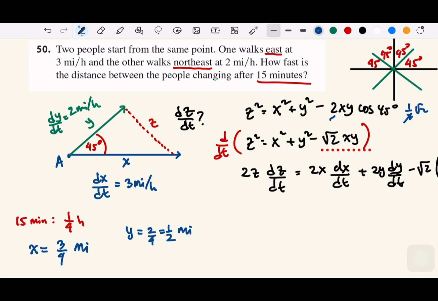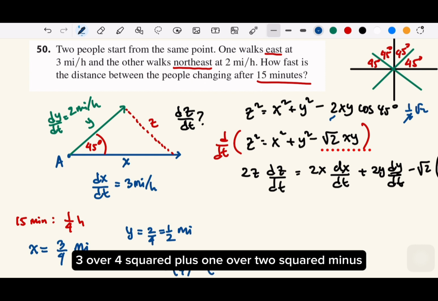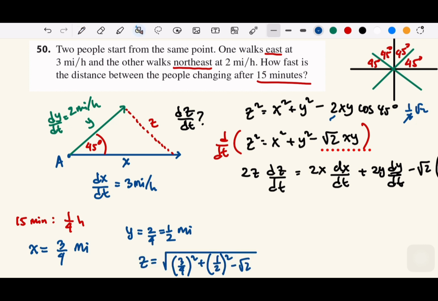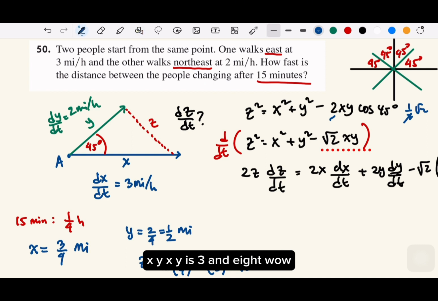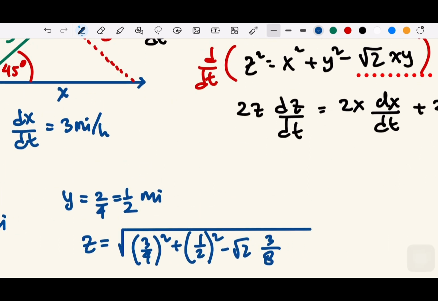Okay, I think we've done that. Next is finding z. z is the square root of 3/4 squared plus 1/2 squared minus square root of 2 times xy. xy is 3/8. Wow.